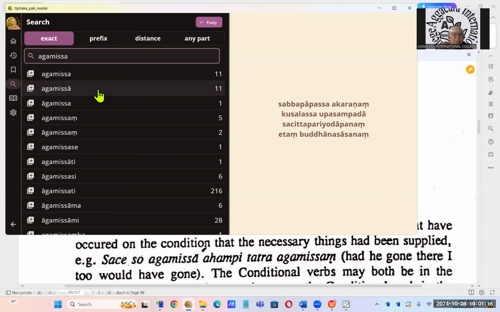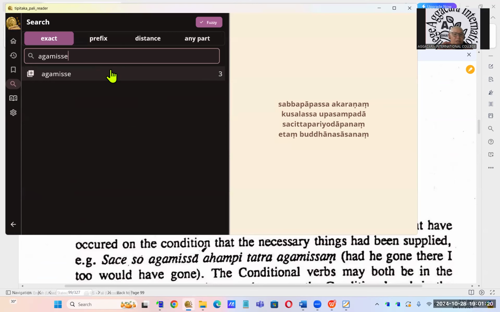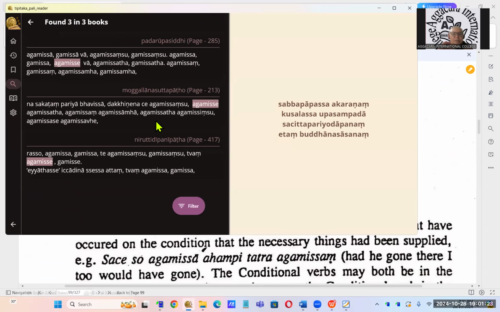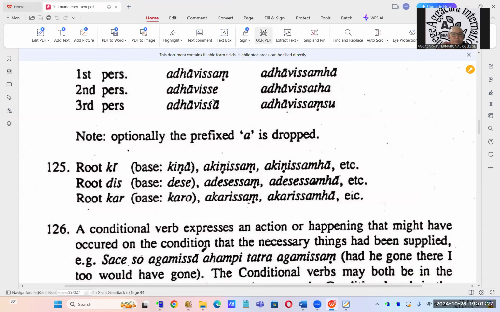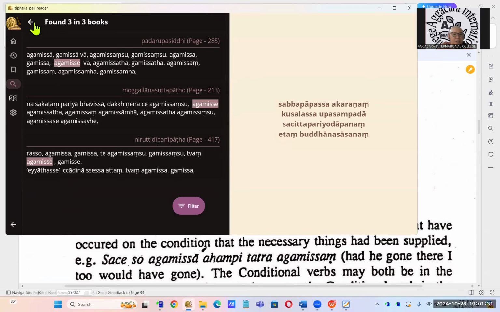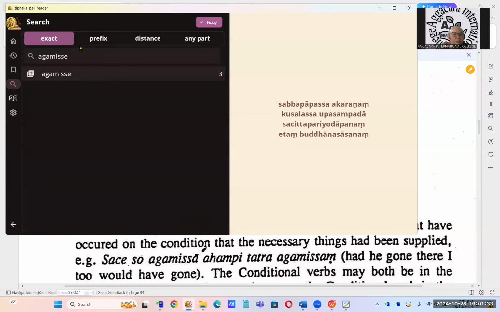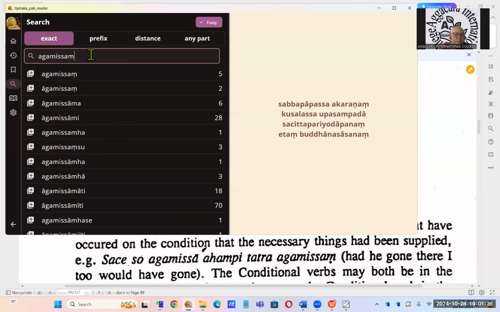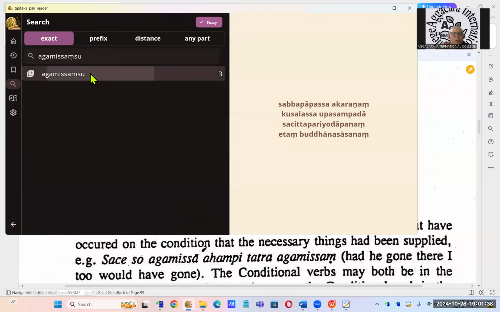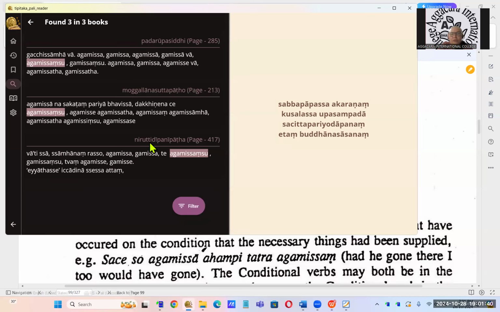How about agamise? Second example, second person singular, also gamise. But this is coming from the grammar book. Agamisamsu, let's say gamisamsu. Also three examples from the grammar book.